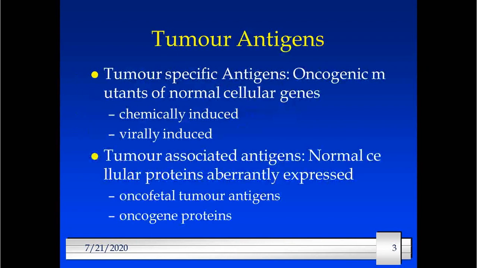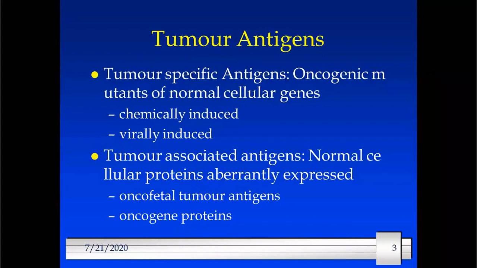The tumor antigens. As you know, every tumor has specific antigens, and these antigens are of two types: either tumor specific antigens or tumor associated antigens. The tumor specific antigens necessitate the presence of mutation. So when there's a mutation of a certain cellular gene, it will produce a tumor specific antigen.